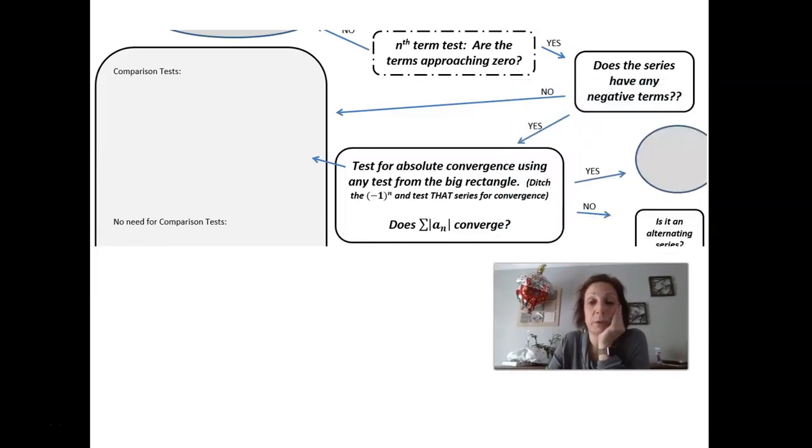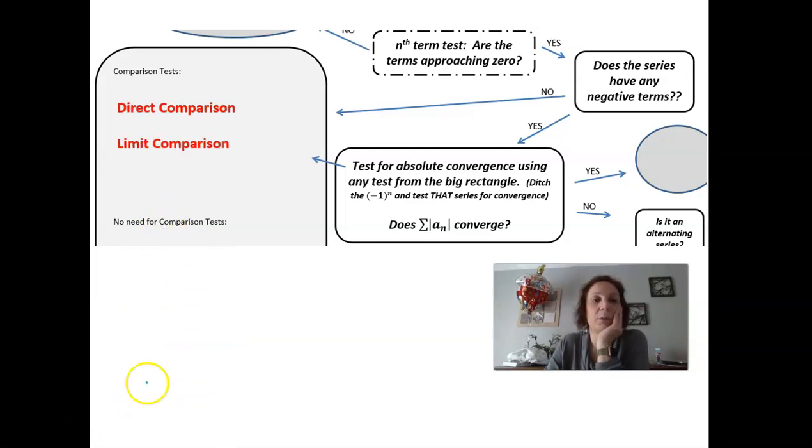so let's see where we're at on this flow chart. I used all my easy things. None of them worked. I went to see if I have any negative terms, right? If I did, I threw them away, and I'm over here in the comparison test. Notice that in your rectangle, I have comparison tests and no need for comparison tests. I like these ones better.